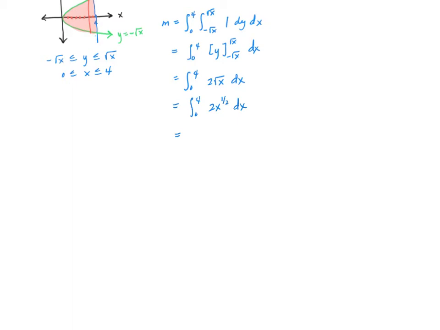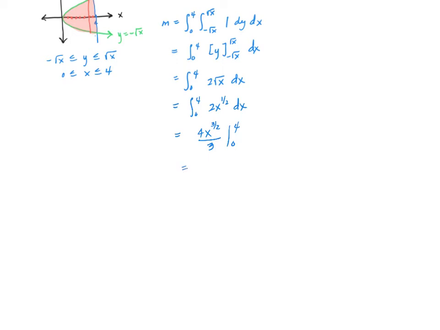And that's going to be 2x to the 3/2 over 3/2, which turns into 4x to the 3/2 over 3. Evaluated from 0 to 4.